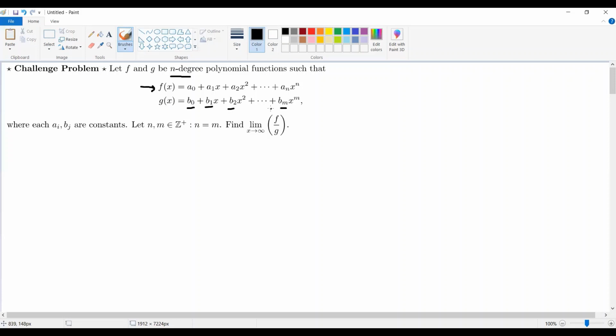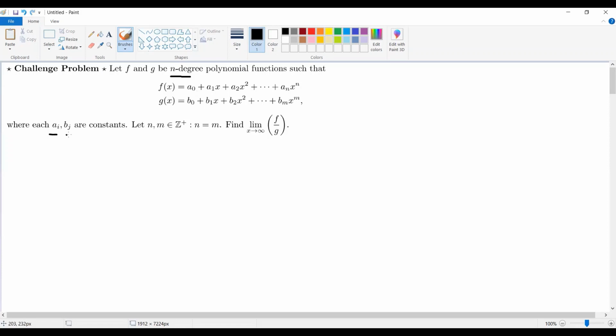So we have the same number of constants b, but we want them to be understood to be coefficients not of the f function, but of the g function, because we do want them to be distinct from each other. We don't want to accidentally restrict our constants to mean the same exact thing. So you can't recycle your variables. I couldn't put a's down here. If I did that, then I basically just copied the function over, so there's no reason to make a new function. So that's what the notation really is going on here.